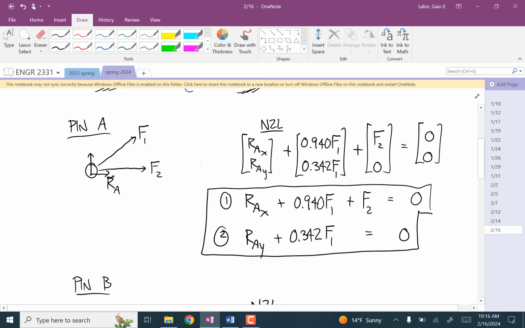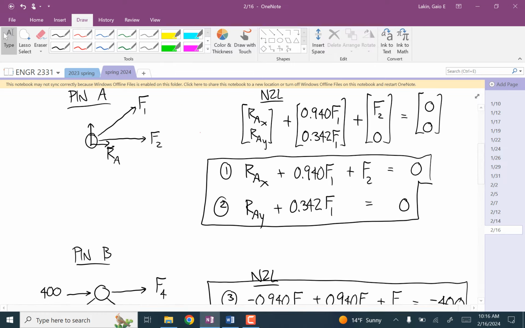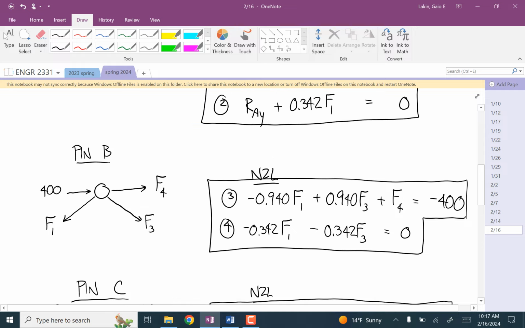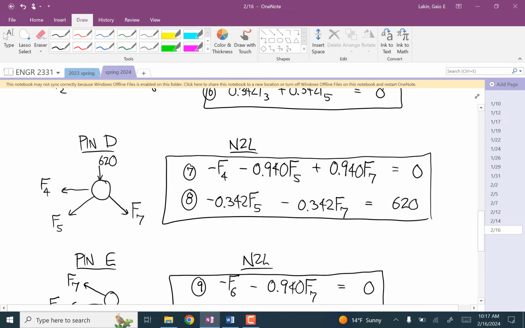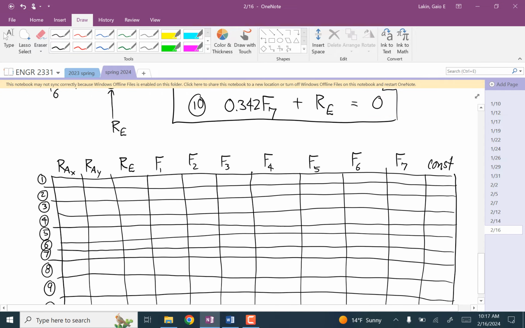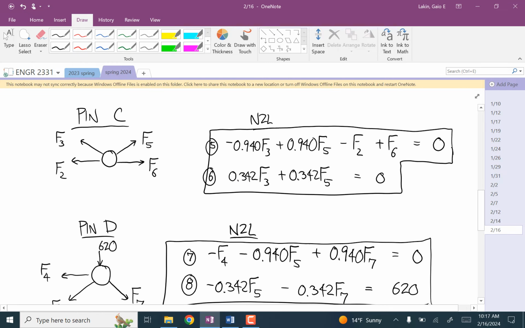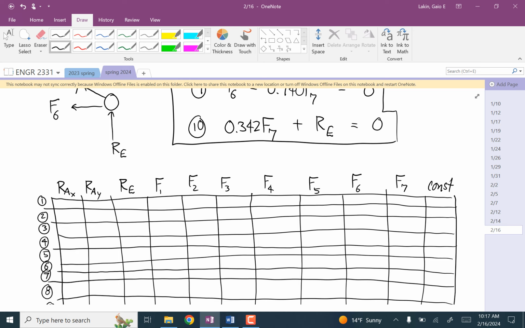Okay, so for the first equation, can someone read me the values here and I'll enter them in? So just equation 1, we have 1 RAX. F1, we have 0.940. What else do we have in equation 1?